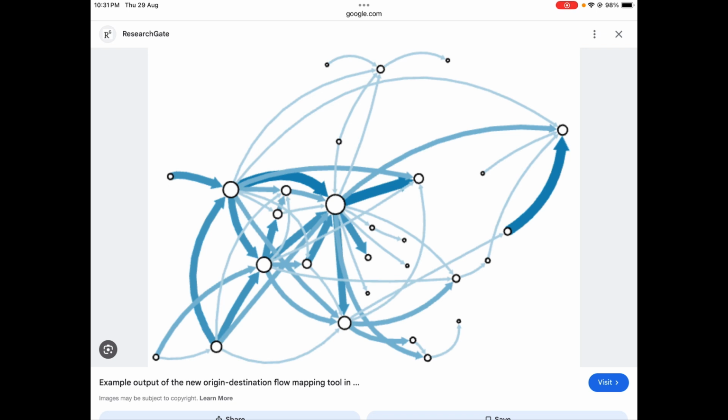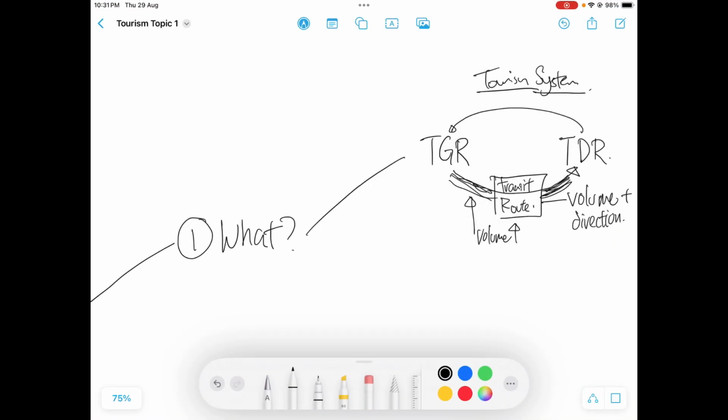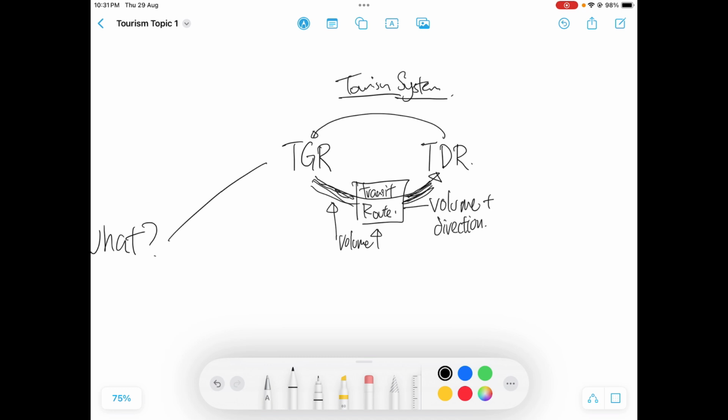Okay, you can see that this is something that you have learned in Sec 2 as well, the transport nodes. Okay, so please do use your lower sec knowledge to really make sense of what is happening, right? So you can see when the volume of travel increases, with more transit routes, it becomes thicker. Okay, it could be either from the generating or the destination region.